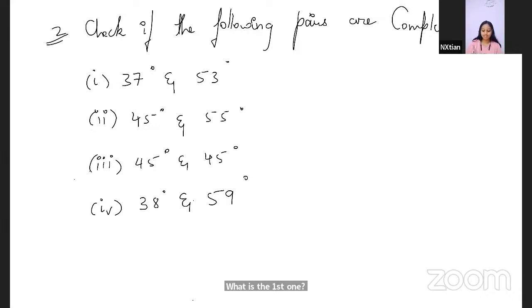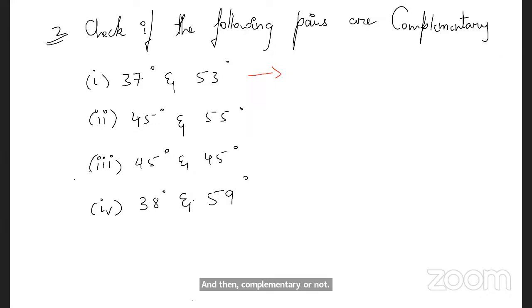Is it complementary or not? Complementary means both together can make 90 degrees, right? Yes, Simran. Both together will make 90 degrees. Yes, the first one is complementary. Very good. Second one is not. Next.